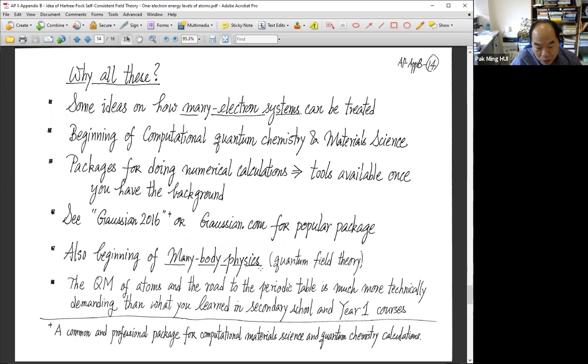And the last point I want to make is that you have seen the periodic table many times, but I would like you to know, behind this periodic table and the things that you remember, okay? 1s2, 2s2, 2p6, there is a lot of physics and a lot of quantum physics behind it. We still stick to quantum mechanics, but in a very skillful and very physical way, we handle some of the electron-electron interaction.